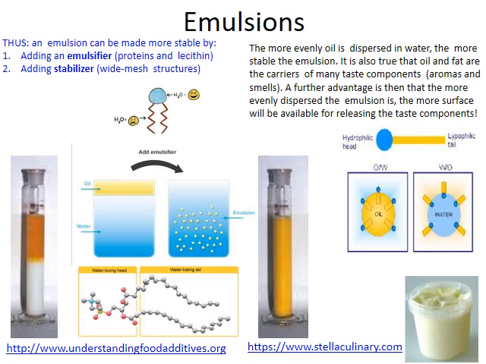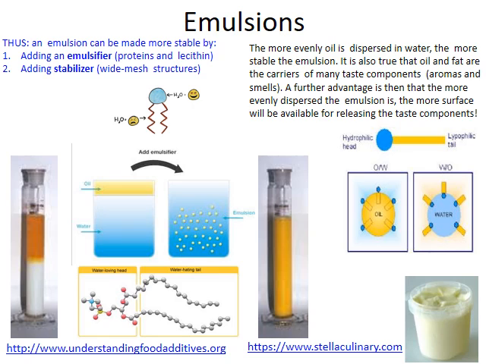We can obtain a quite stable emulsion if we add an emulsifier. And if we make the dispersed phase, let's say it's oil, as small droplets as possible, we get a very stable emulsion. There is a further advantage when we have very small droplets.